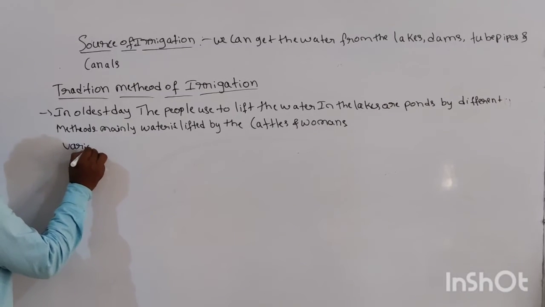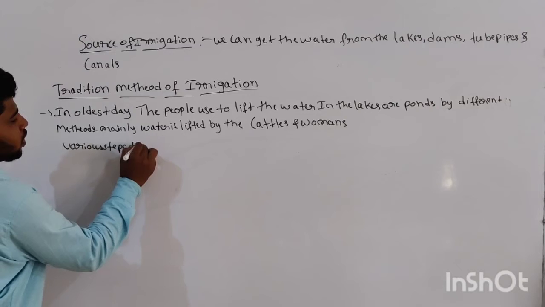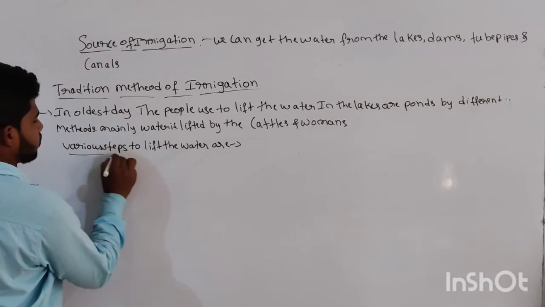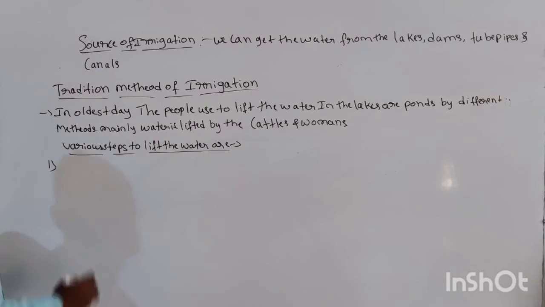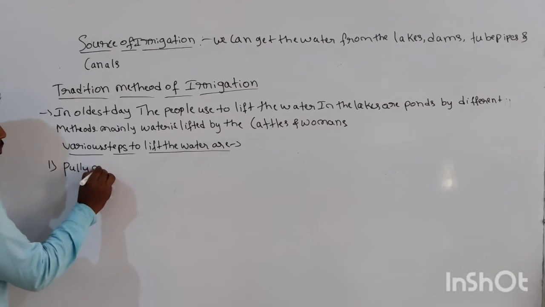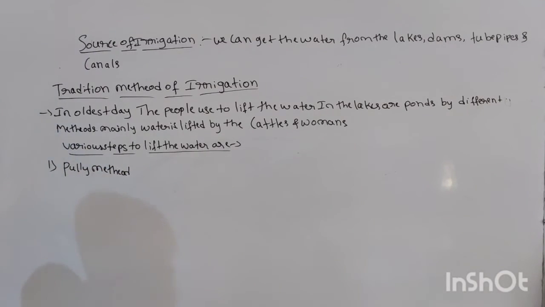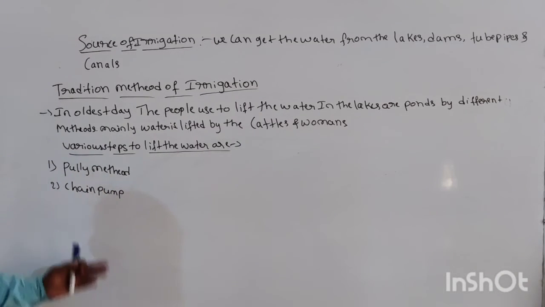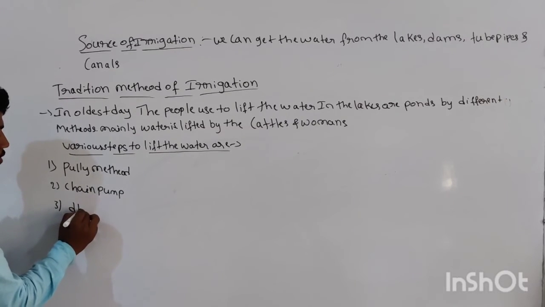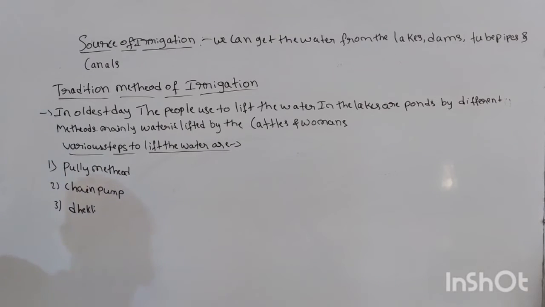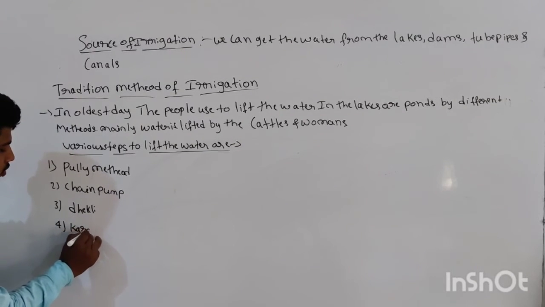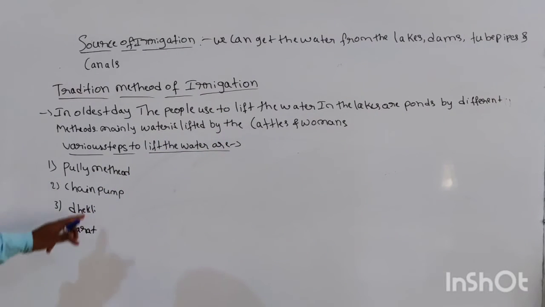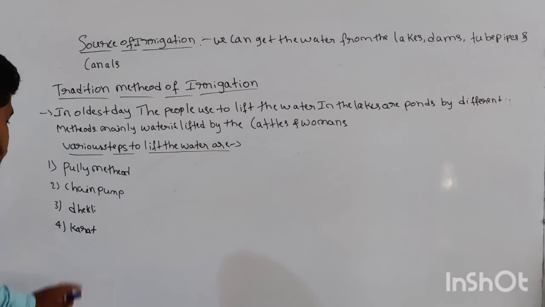The various ways to lift the water from the source of irrigation are: the first one is the pulley method, the second one is the chain pump, the third one is the dhakli, and the fourth one is the karat.